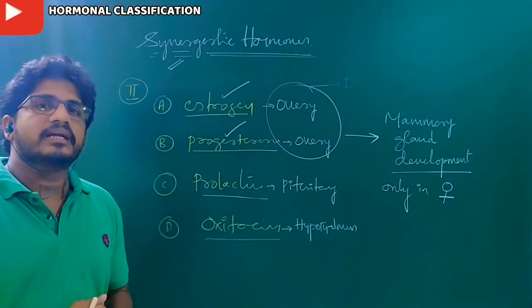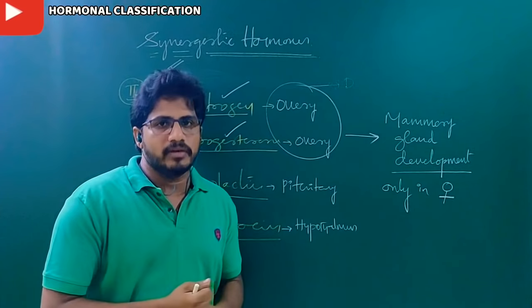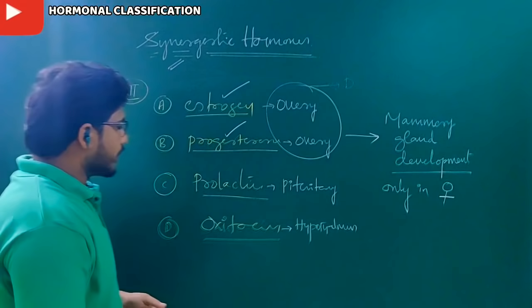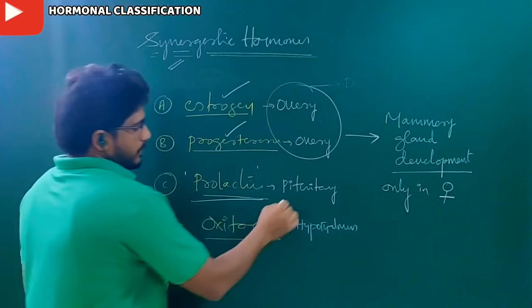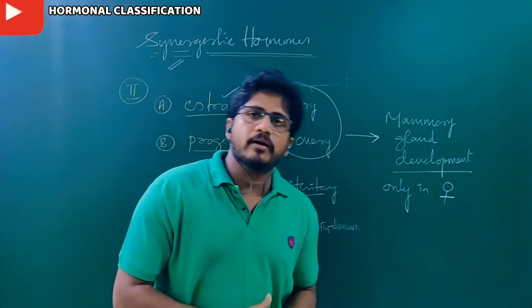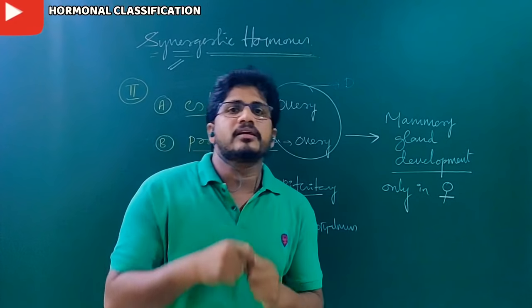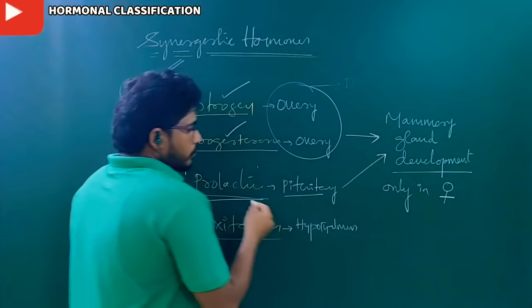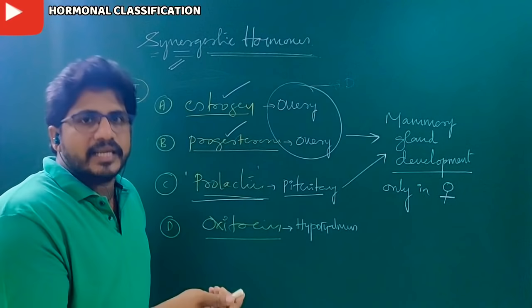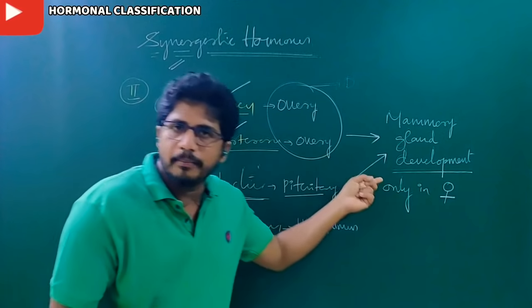They construct the mammary glands, ducts and all, so that they develop and the size increases. And prolactin is a hormone coming from the pituitary, which is a peptide hormone. This prolactin helps in the production of milk and also in the development.